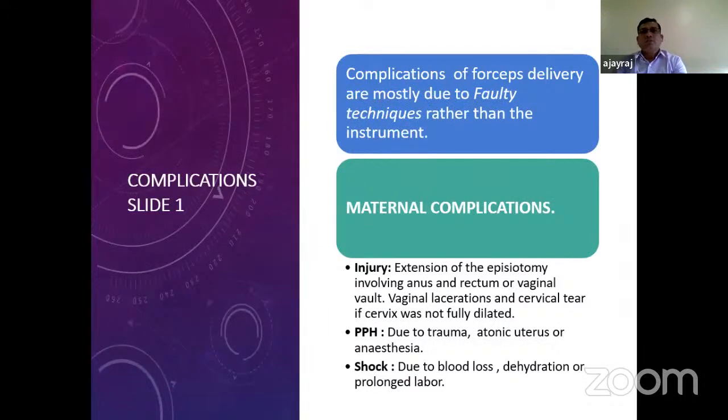Complications. Complications of forceps delivery are mostly due to faulty technique rather than the instrument. Maternal complications: injury, extension of the episiotomy involving anus and rectum or vaginal vault, vaginal lacerations, and cervical tear if the cervix was not fully dilated.